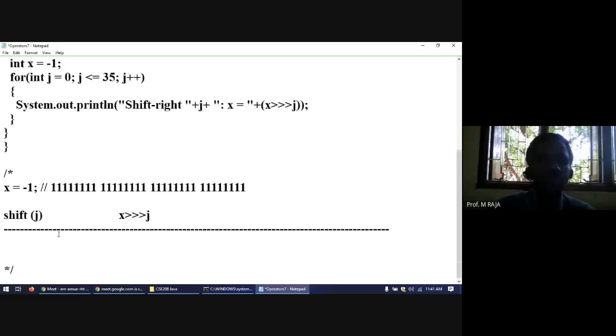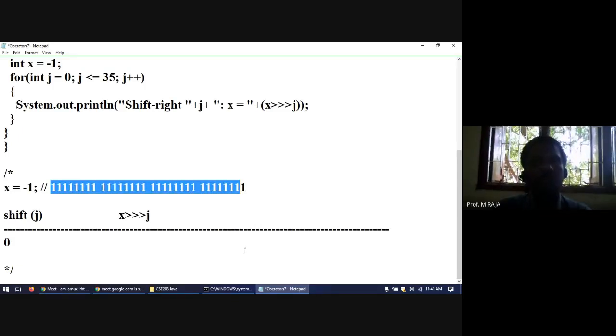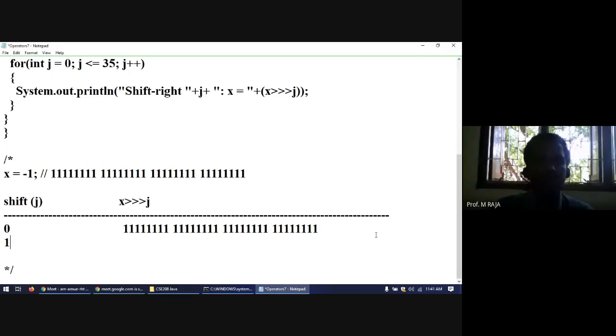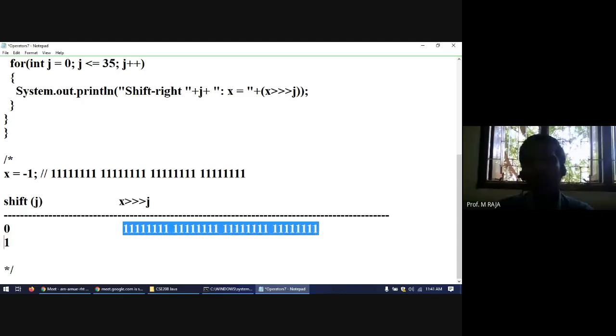Then shift is 0. The value of x greater than j is minus 1. And shift is 1. Here what happens? You consider the first 31 bits. First 31 bits are moved one position to the right direction.